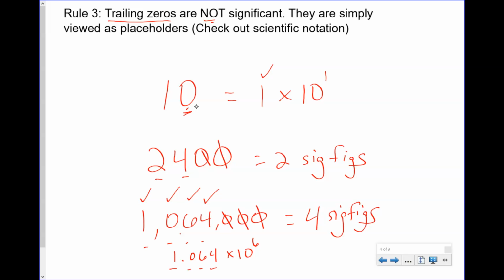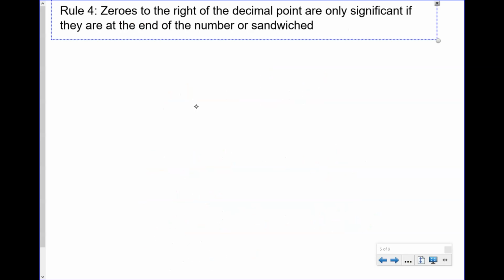Okay. Well, what happens if those trailing zeros come at the end of a decimal? Well, in that case, zeros to the right of the decimal point are only significant if they are at the end of the number or if they're sandwiched. So let's look at several cases here.